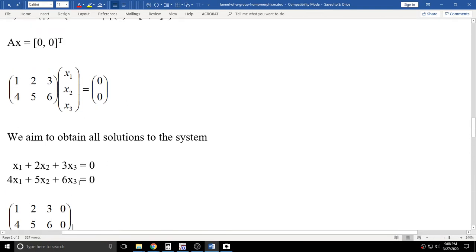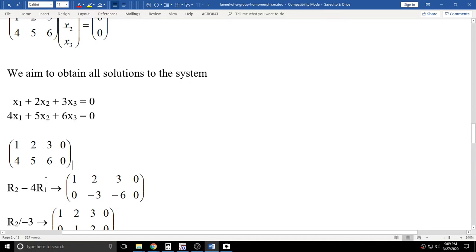In order to solve this system, we need to convert this augmented matrix into a reduced row echelon form matrix. For that, recall we have to apply elementary row operations. So let's begin by figuring out how to get rid of this 4 here. The elementary row operation that does that is row 2 minus 4 row 1.